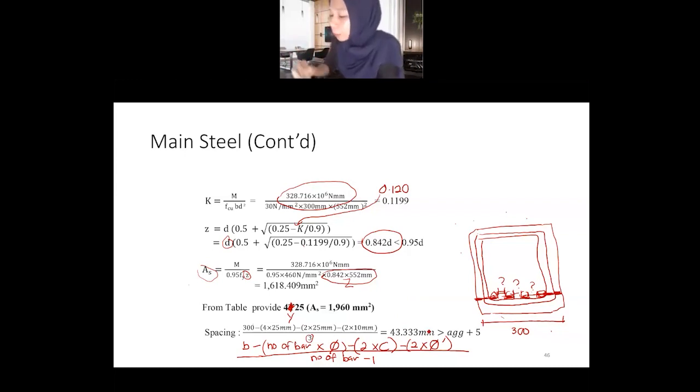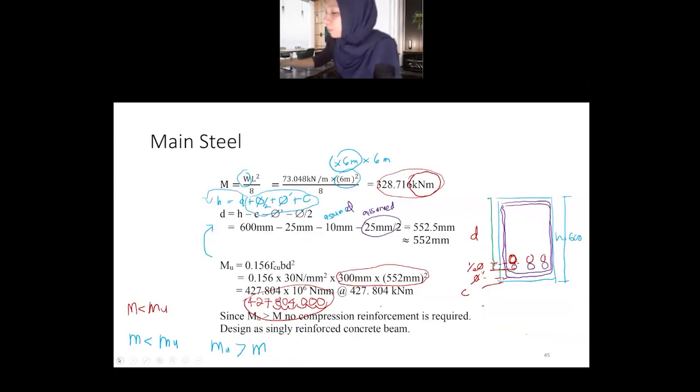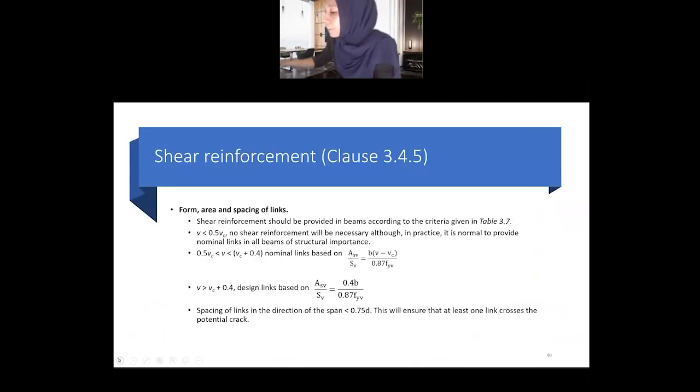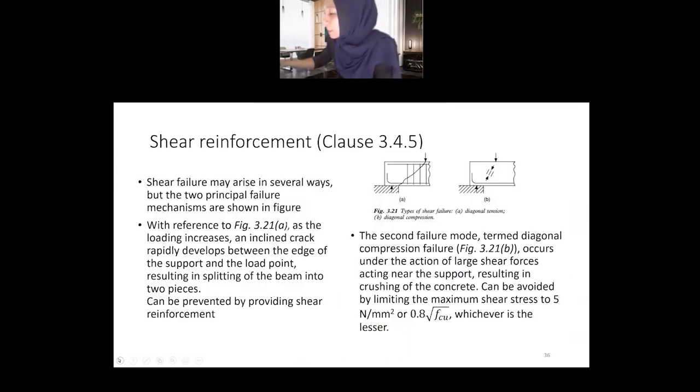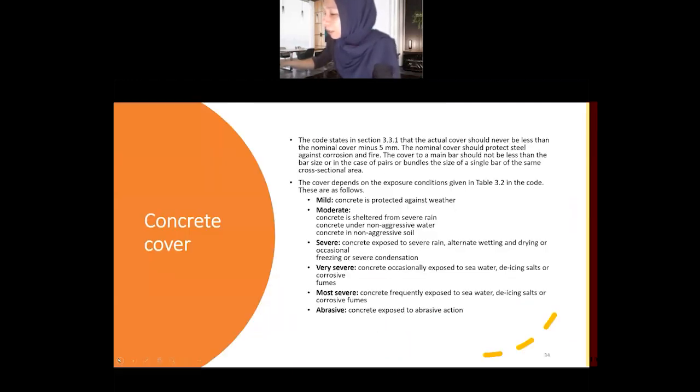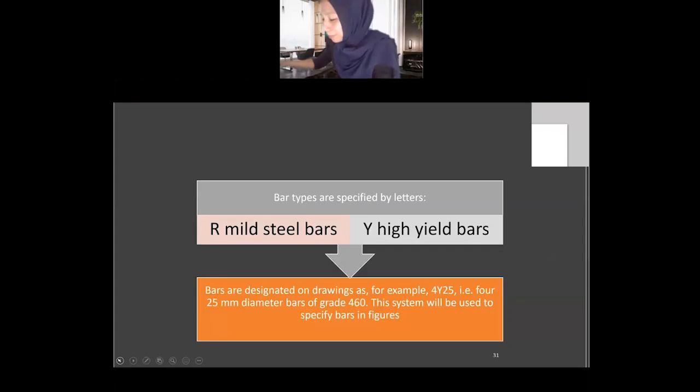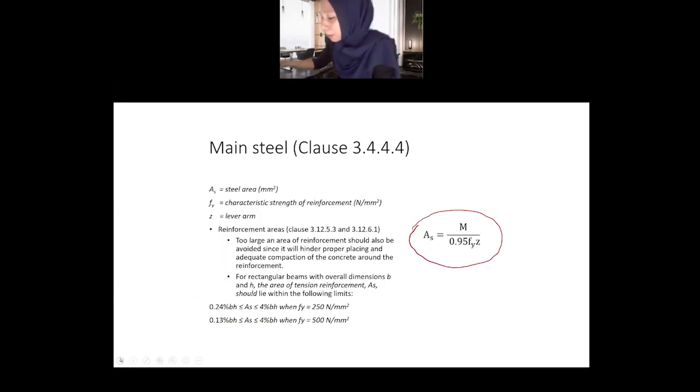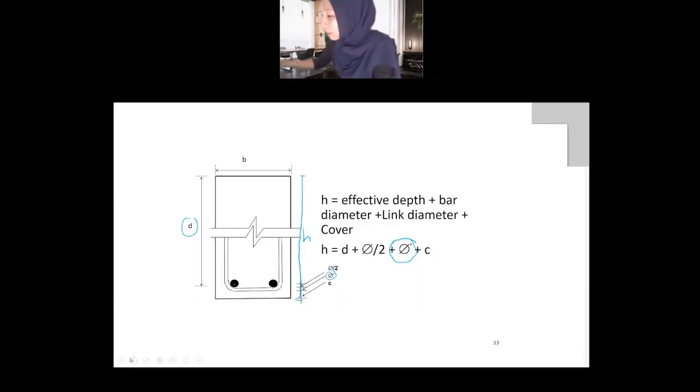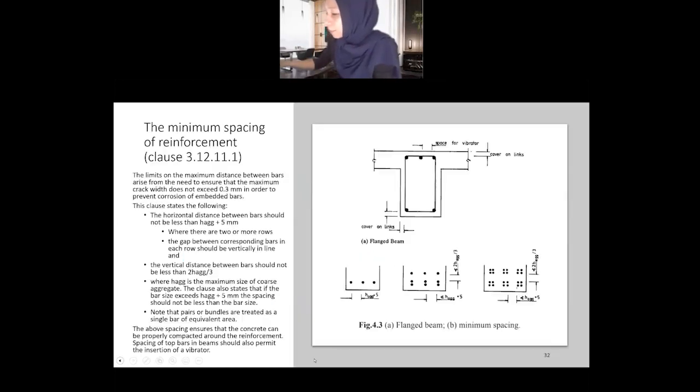So kita dah tahu in the previous slide okay, ingat lagi kita mesti make sure horizontal distance between bar should not be less than HAGG plus 5 mm.